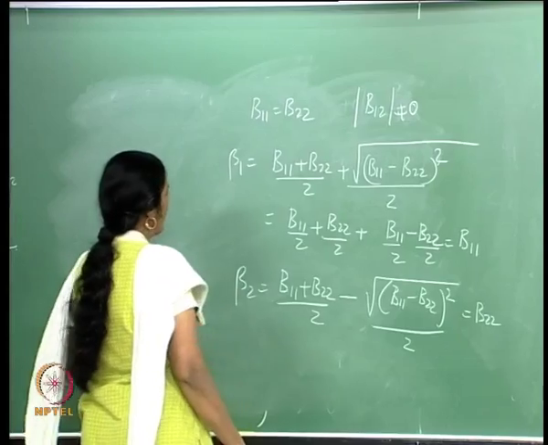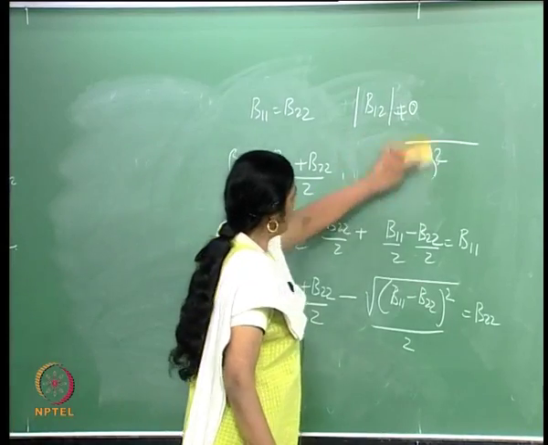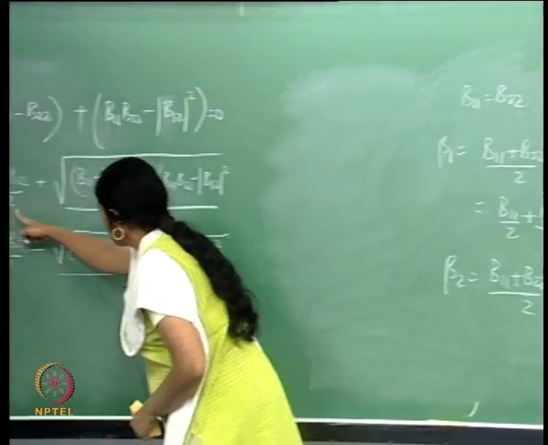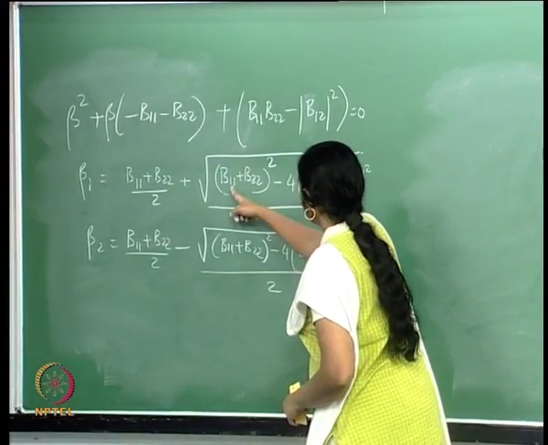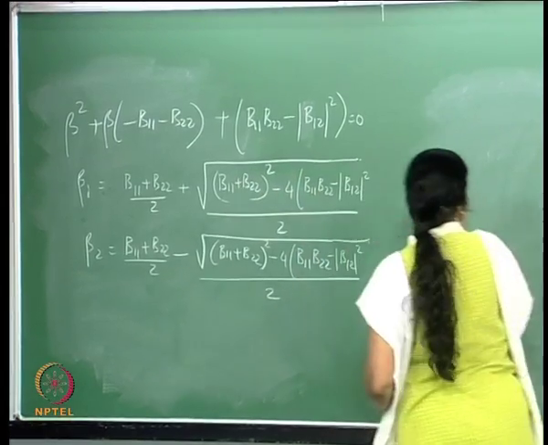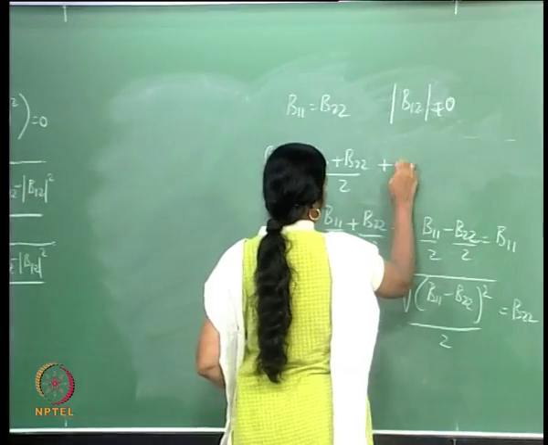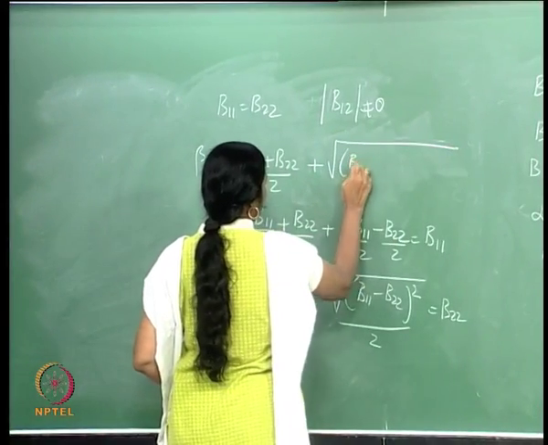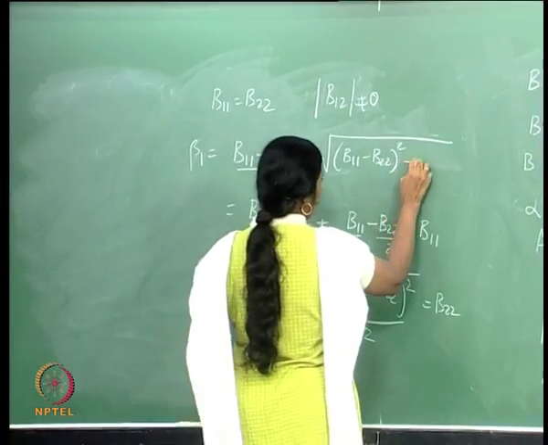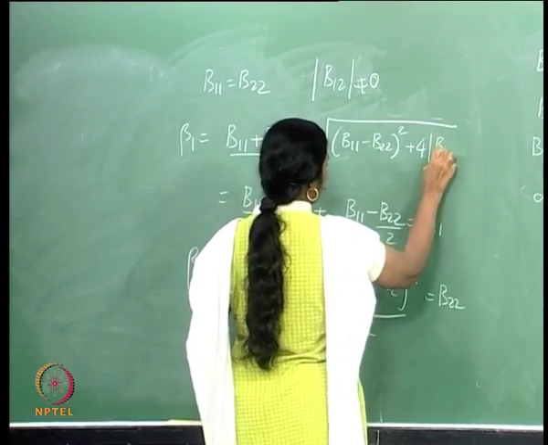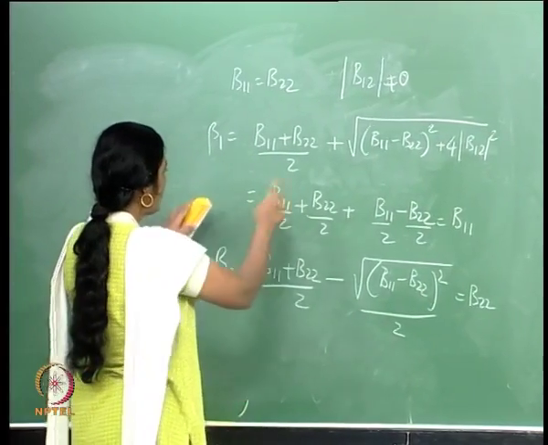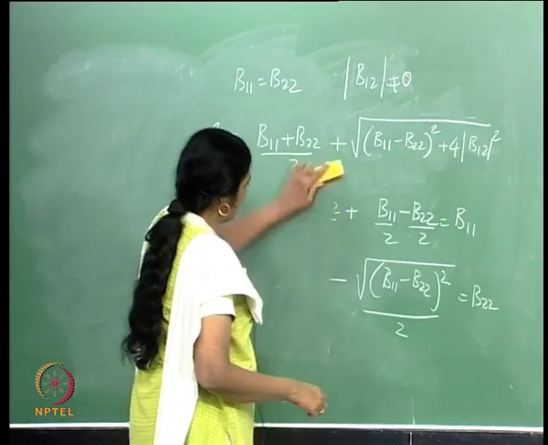The root beta 1 would be B11 plus B22 by 2, plus the square root of B11 minus B22 the whole squared, plus modulus of B12 the whole squared. This was beta to begin with.